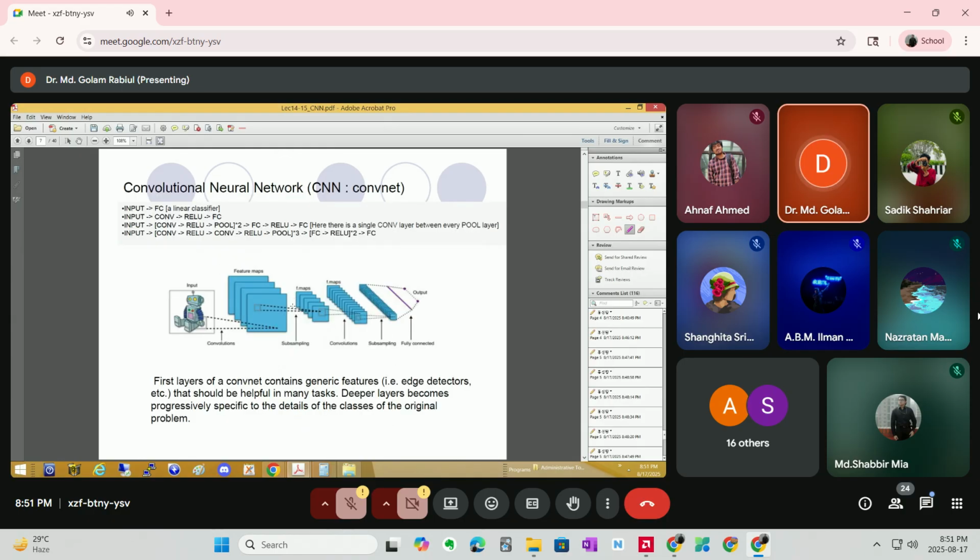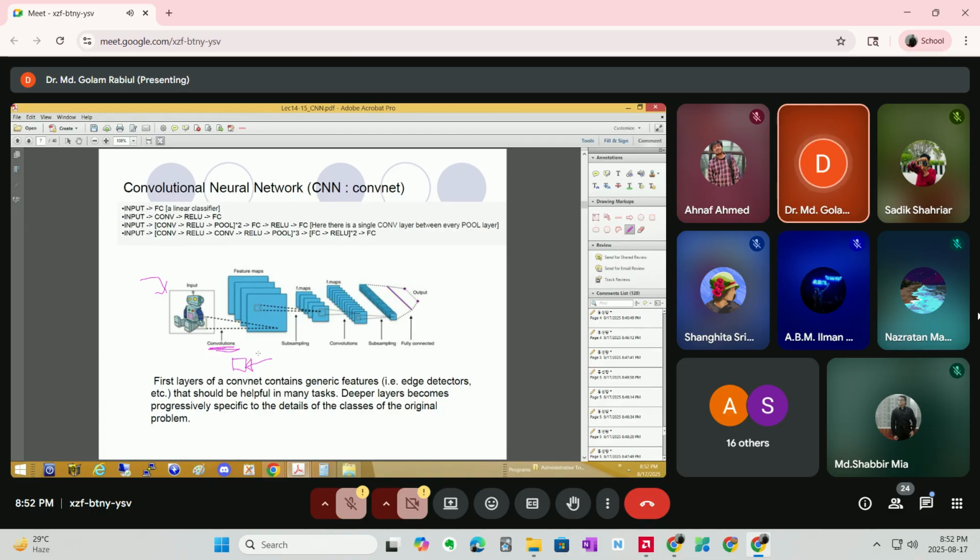As I already mentioned about the convolution layer, we can see that this is the input image. Then we have to apply some convolution operation, and for that we need a detector. Usually this detector is called the kernel or filter. Then we have to decide the dimension of our filter.